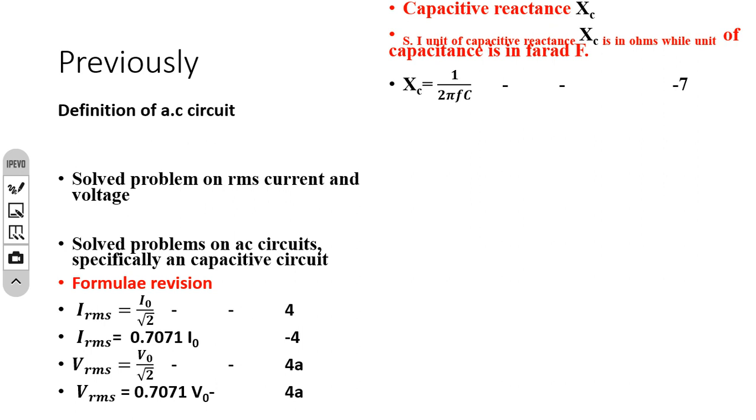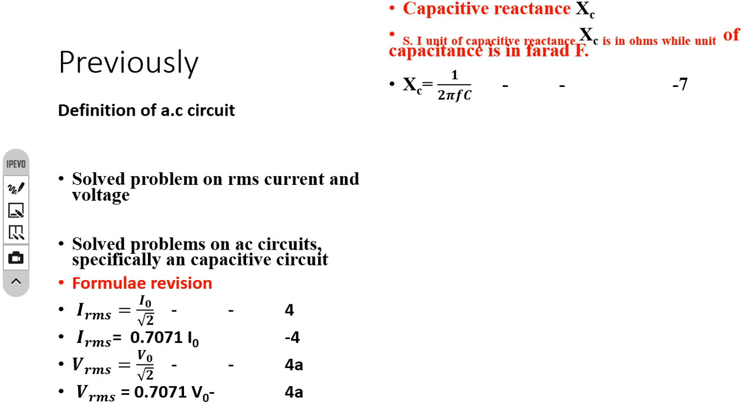This is the mathematical expression for capacitive reactance in equation 7. XC equals 1 over 2 pi FC. So F is the frequency, pi is a constant, and C is the value of the capacitance in farad.